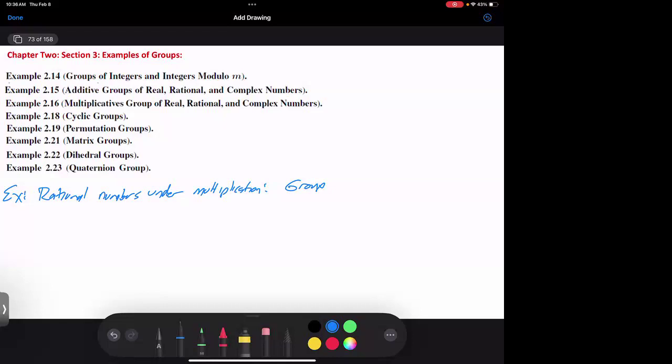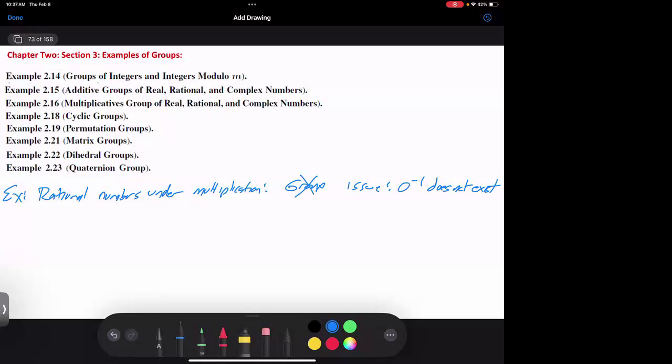Ah, yes. So there's the issue with 0. The inverse does not exist. So unfortunately, the rational numbers are not a group under multiplication. They just barely fail.